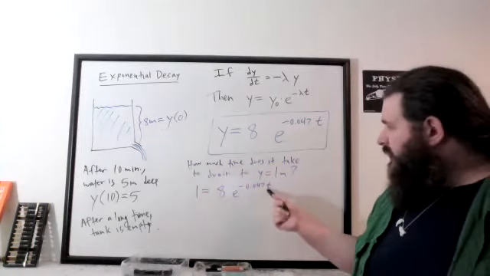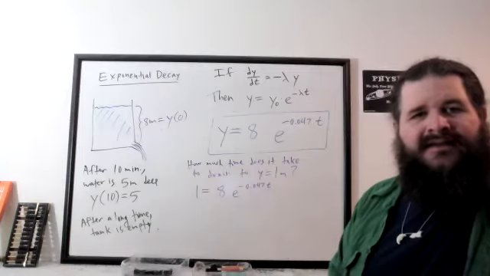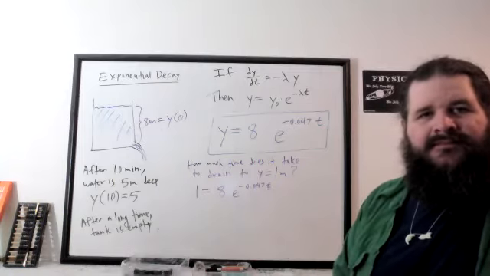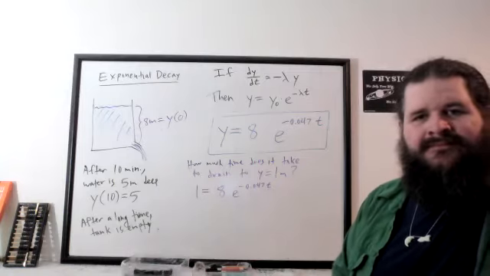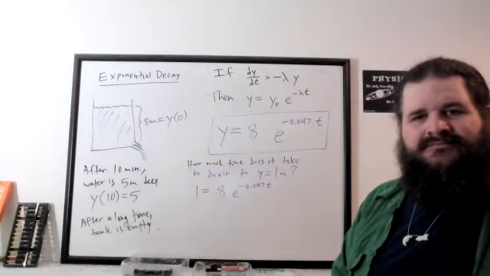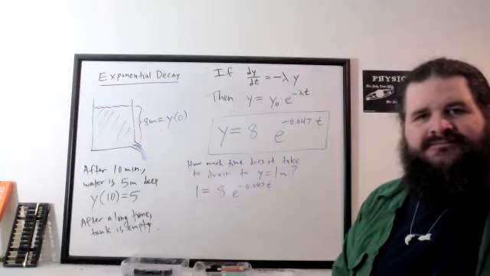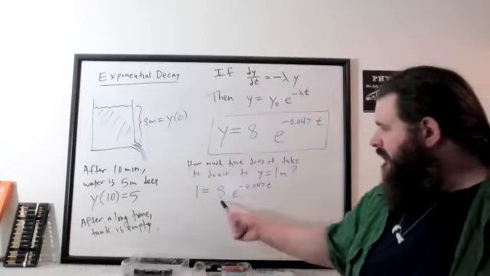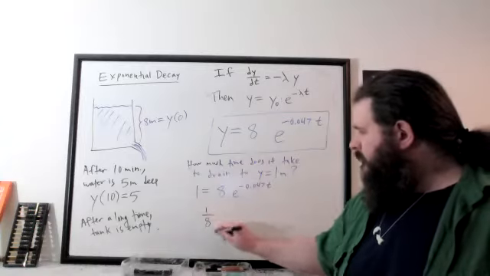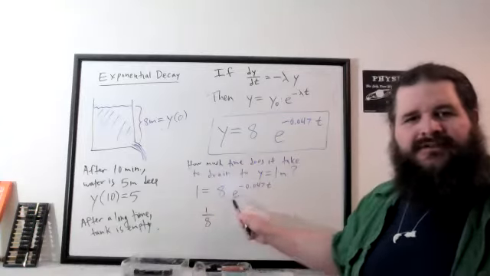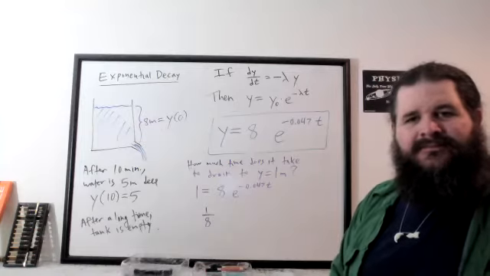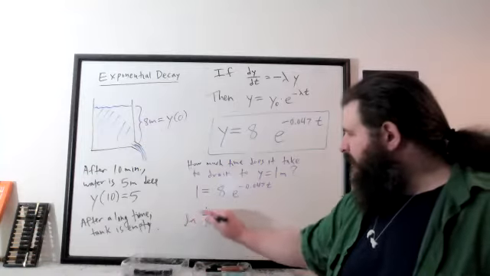So in this case, t is in the exponent. How do we isolate t? Yeah, divide by 8. And then how do you get rid of the exponential function? Right, apply the natural log function.